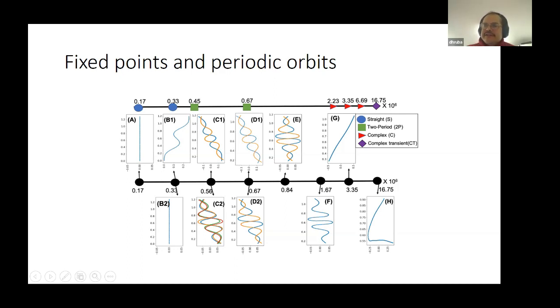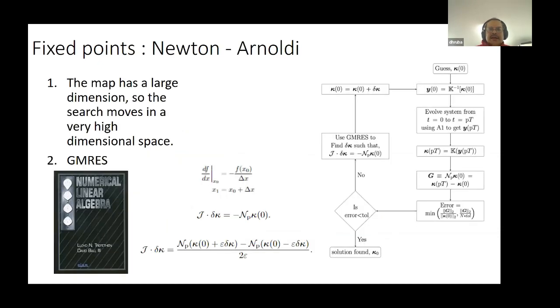So I hope this convinces you that here is a problem where you see turbulence, but here it is turbulence as a function of arc length. The way to see this is to use a method called Newton-Arnoldi, but I'm not going into that. We can talk about it next week if you are really keen on that.